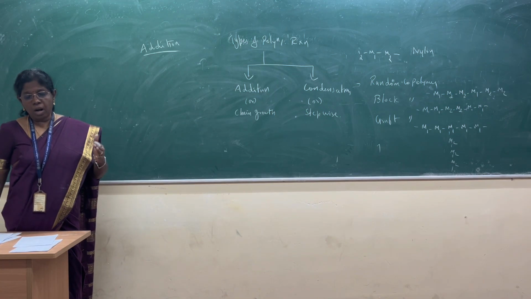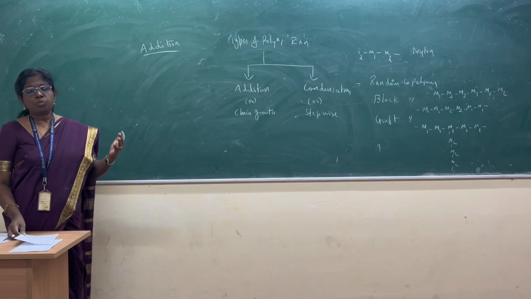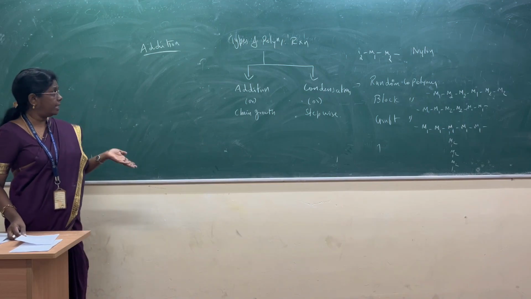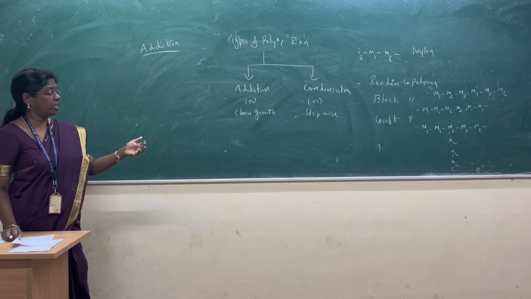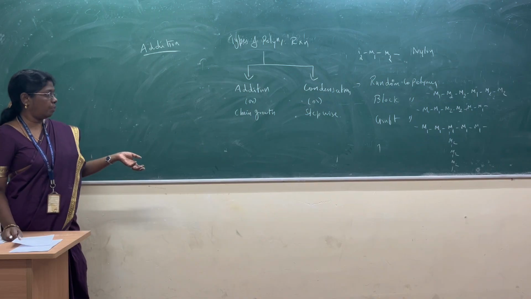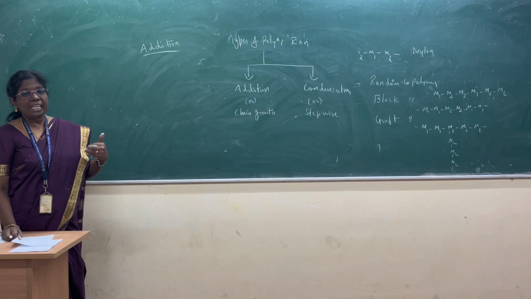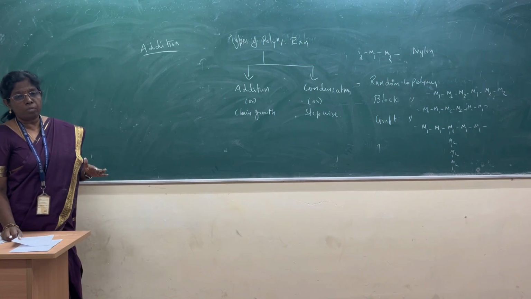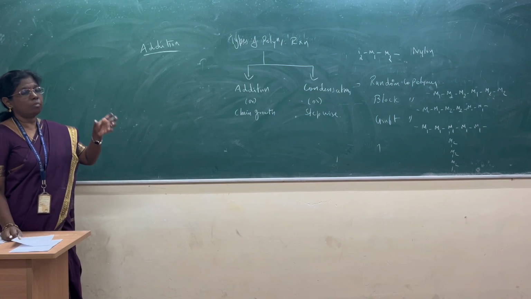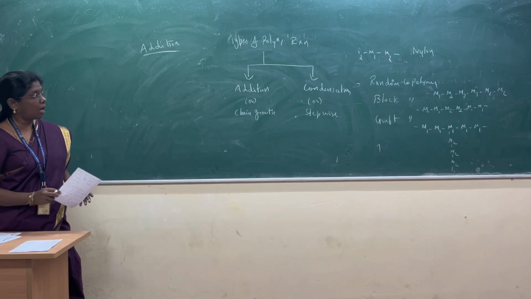The original monomeric molecule contains one or more double bonds, and it does not eliminate small molecules like water or HCl. So that is called an addition polymerization reaction or chain growth polymerization reaction.